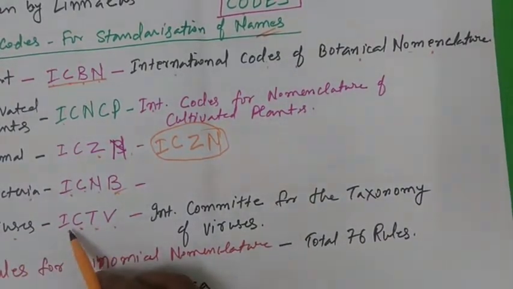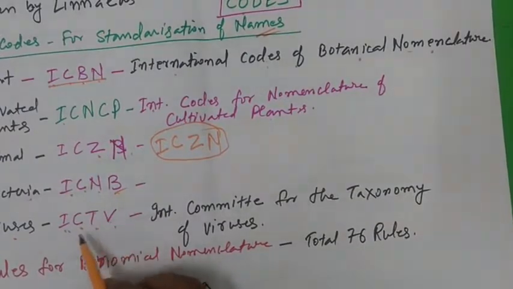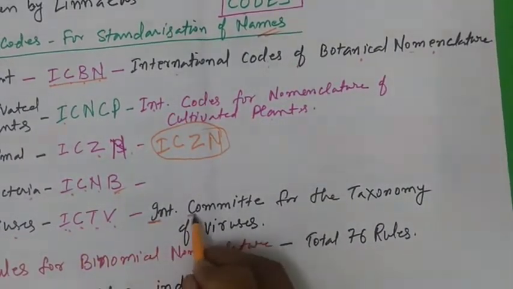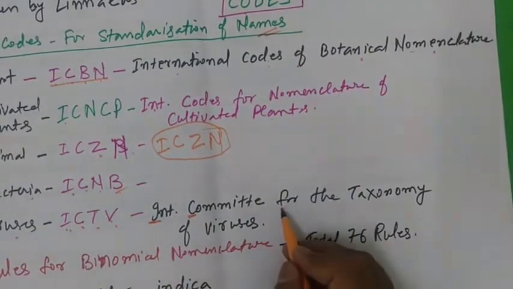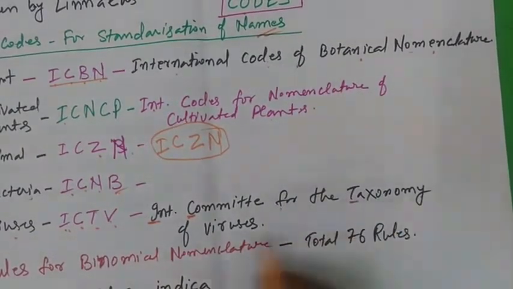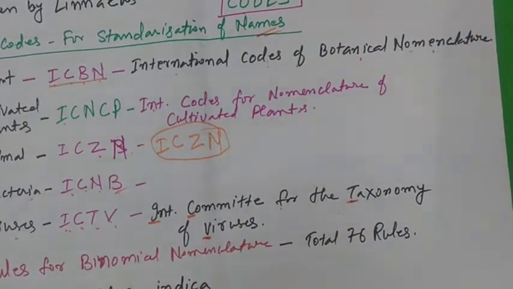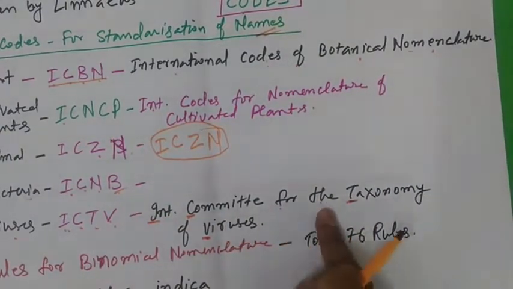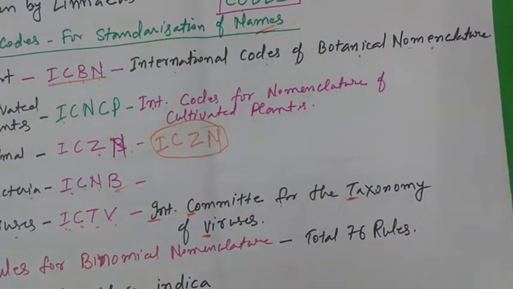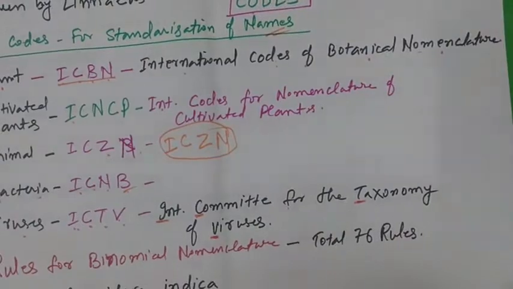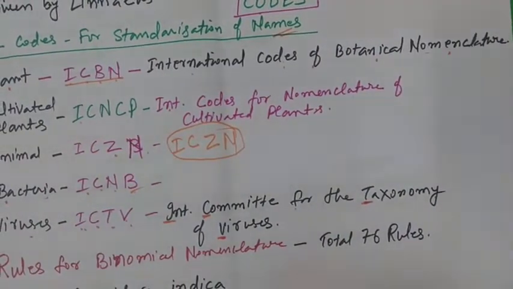ICTV. This stands for the International Committee for the Taxonomy of Viruses. These all 5 codes are very important with respect to your examinations. So please remember all these codes.